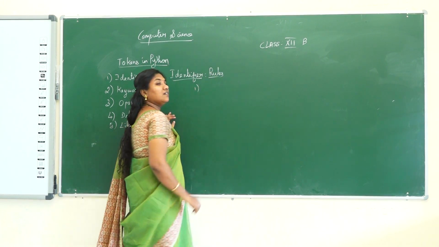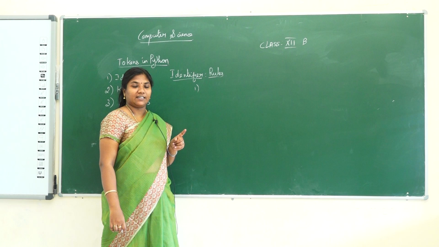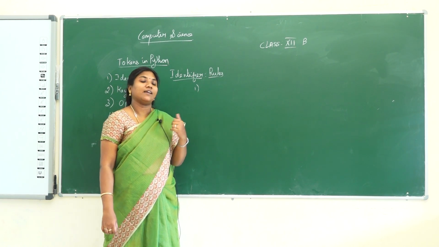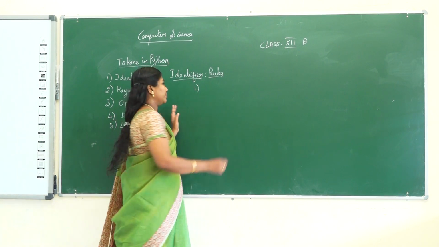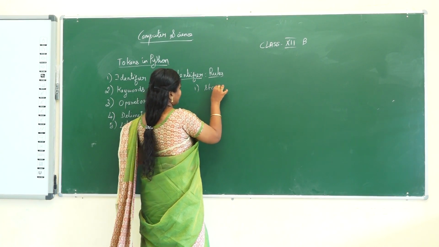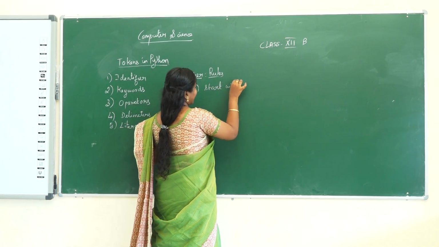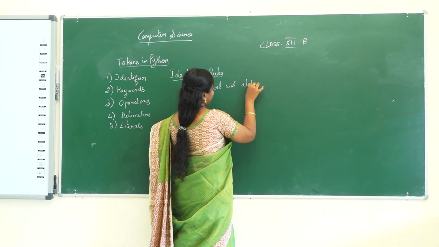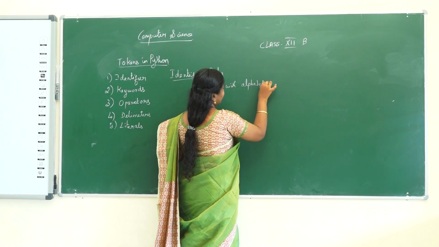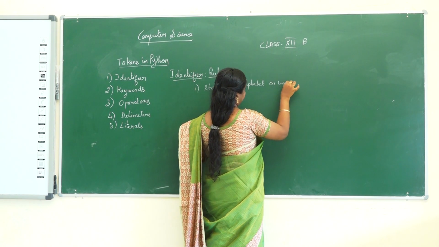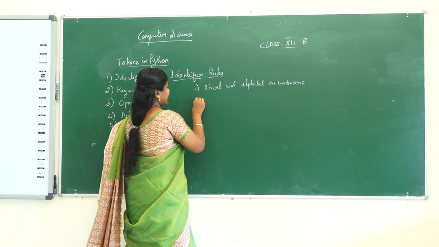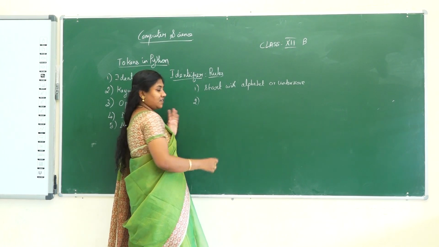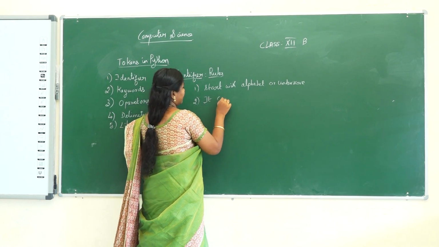First one, it should start with a character, either a small alphabet or a capital alphabet. So it must start with an alphabet or underscore. Second one, it can have digits from 0 to 9.